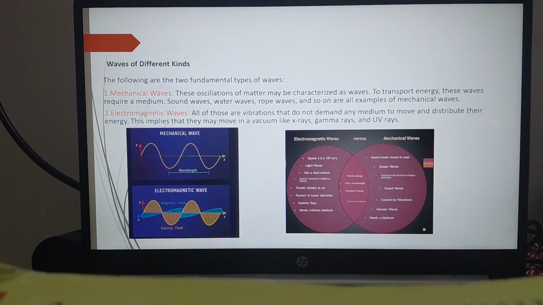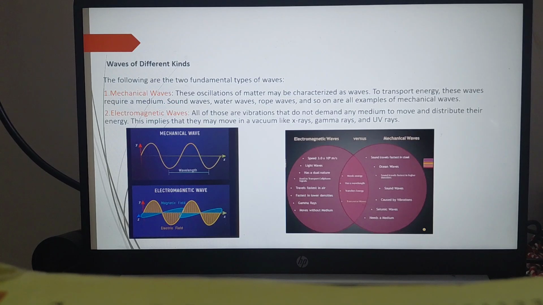The oscillation of matter may be characterized by waves that transport energy. These waves require a medium, like sound waves, water waves, rope waves, and so on. All are examples of mechanical waves.